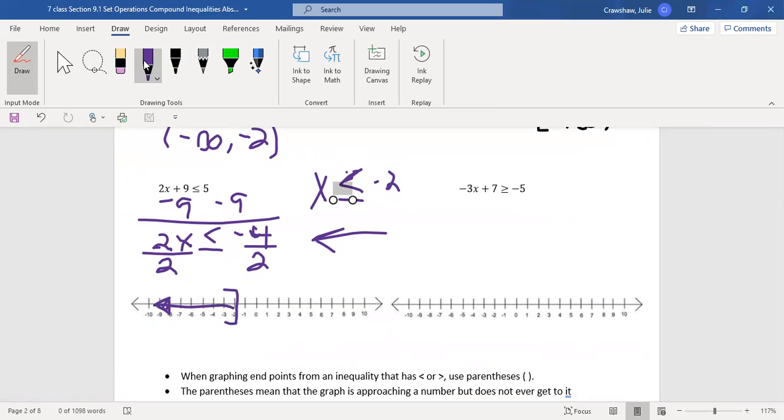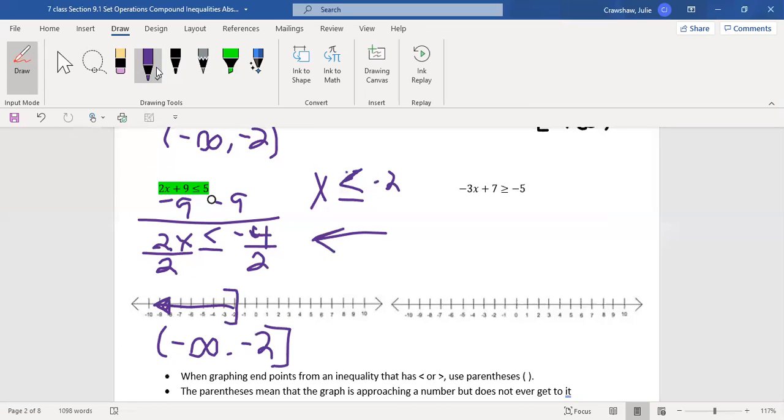So all the numbers to the left of -2 will make this inequality true. For me to write this in interval notation, I'm going to say parentheses, negative infinity, comma, -2, bracket.